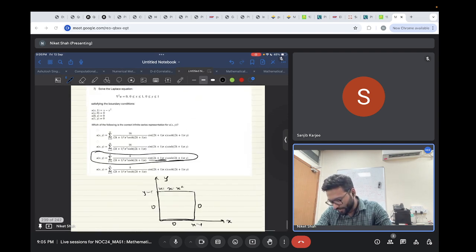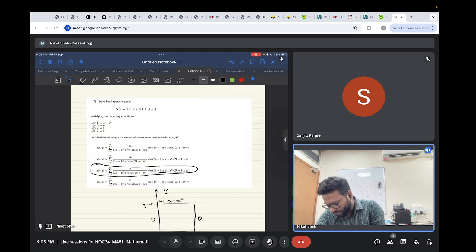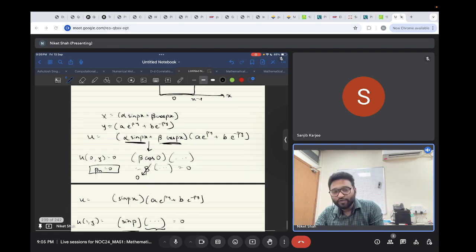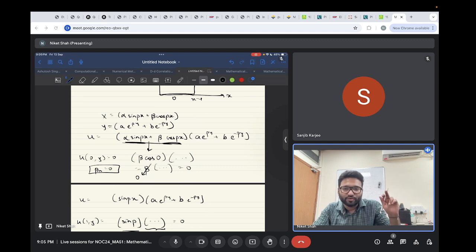So there are four boundary conditions. I am starting with say u of 0 comma y, which means I'm putting x equal to 0. In that case, this being my original function, alpha sin px becomes 0, but beta cos px becomes beta. So beta into the function of y has to be equal to 0.